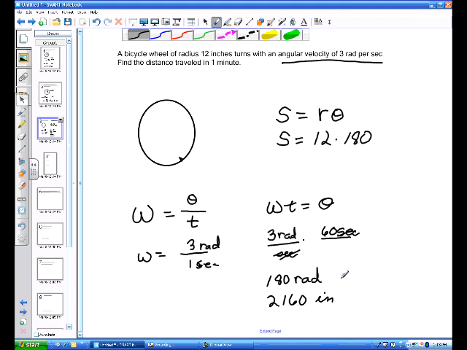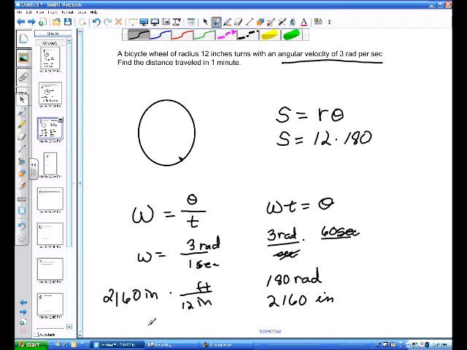And if you needed to see what that was in feet, we could do a conversion of changing our inches to feet. We have inches, so if we wanted feet, we would need to multiply so that our inches cancel and we're left with feet, and we know that there are 12 inches in a foot.